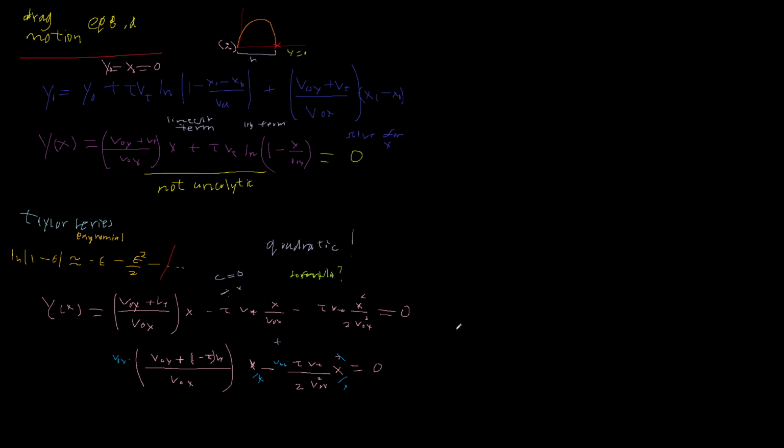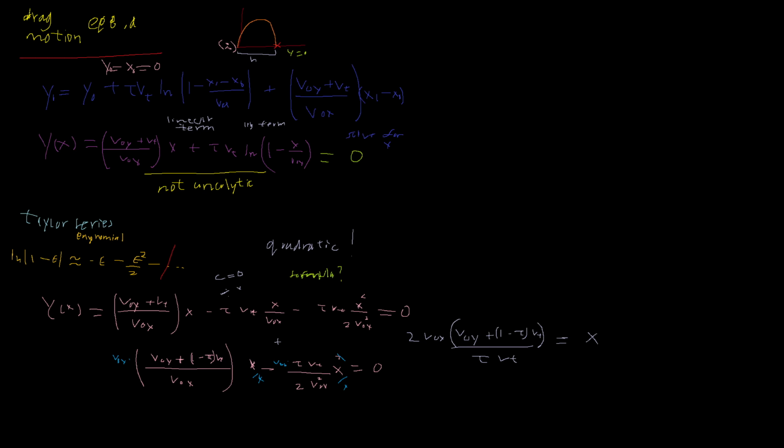So we're going to end up with v_oy plus 1 minus tau v terminal, over tau v_t, times 2 v_ox, is equal to x. And this is going to be our other root. So that's the distance that it travels.